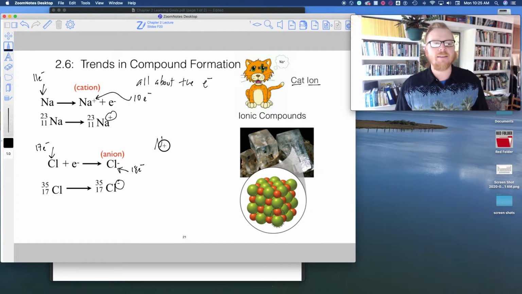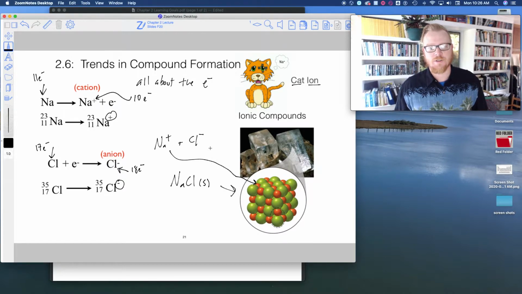And if I combine these, a sodium plus and a chlorine minus, they're like two peas in a pod. Opposites attract, right? It becomes sodium chloride, which I'm going to put a little indicator there for solid. And this is what sodium chloride looks like. The sodiums are orange and the chlorines are green.